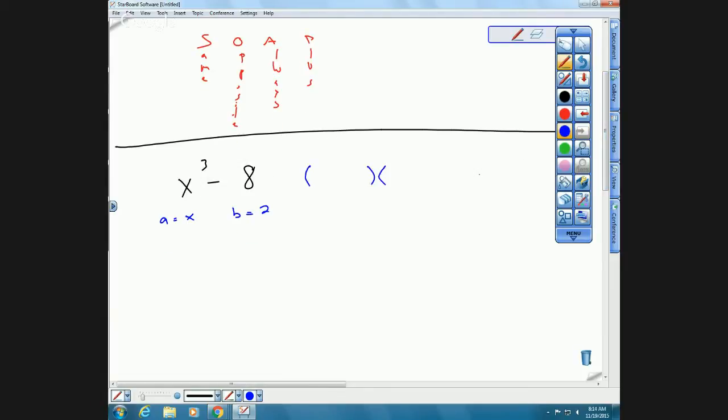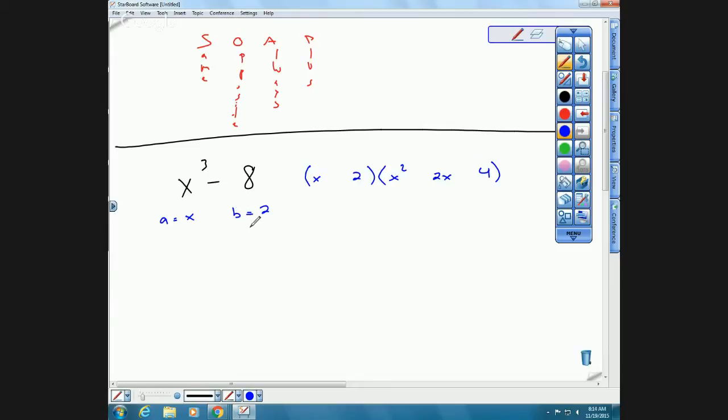So I go look at my formula, and I do an A, and then I do a B. I do a squared and b squared. So 2 squared is going to be 4. And in the middle, I do a times b.